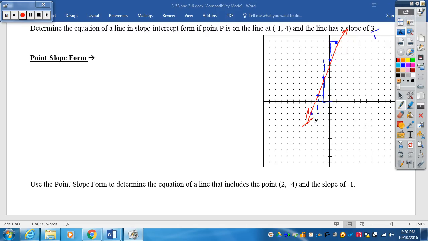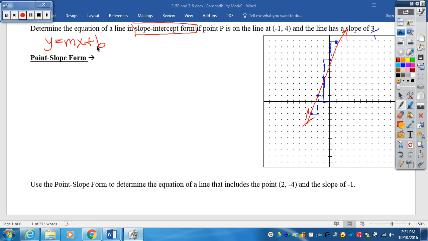And so as I look at that, if I go ahead and write this out, we want to get this problem into the slope-intercept form, what we talked about yesterday. And so remember, the slope-intercept form says this: y will equal the slope times x plus the y-intercept, okay?